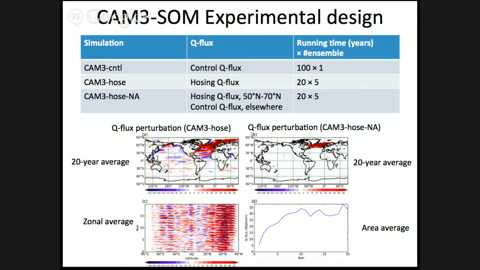And because in one simulation the Q-flux perturbation, which represents the oceanic heat flux perturbation, is kept in lower latitudes, and in another it is limited, and because this simulation mimics the fully coupled model, both oceanic and atmospheric contributions are included in this one. And in this one, only the atmospheric contribution is included, because the oceanic response is eliminated.